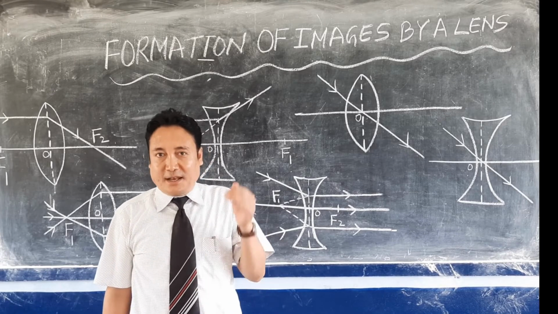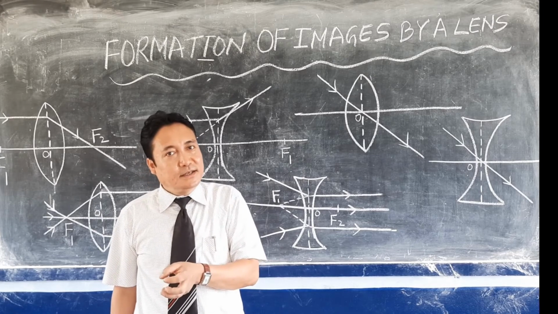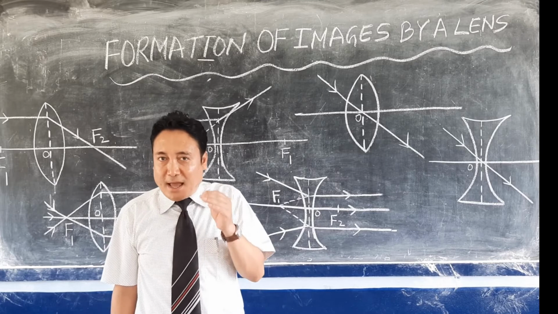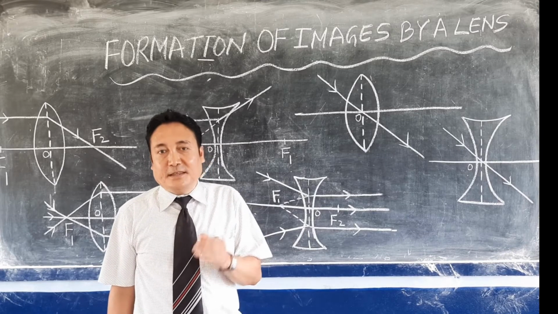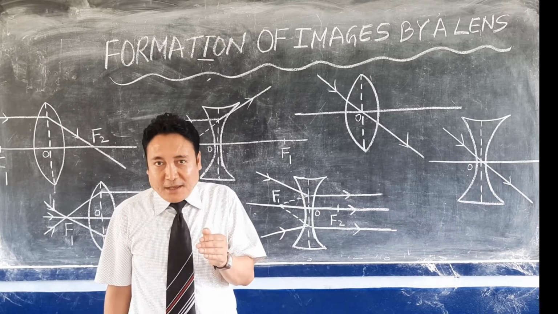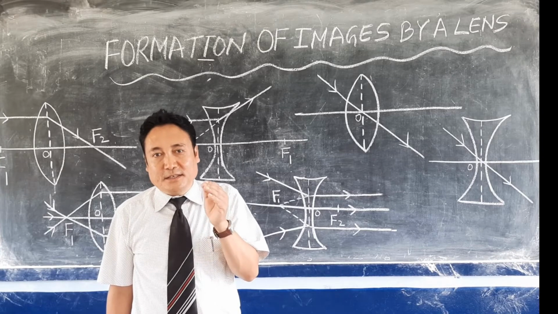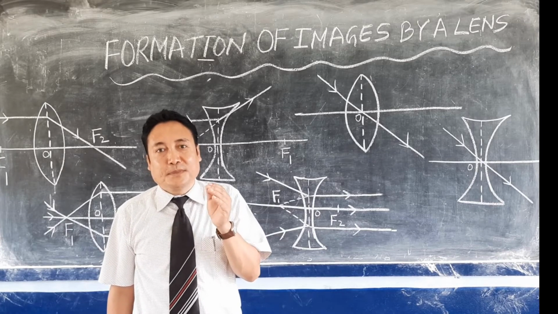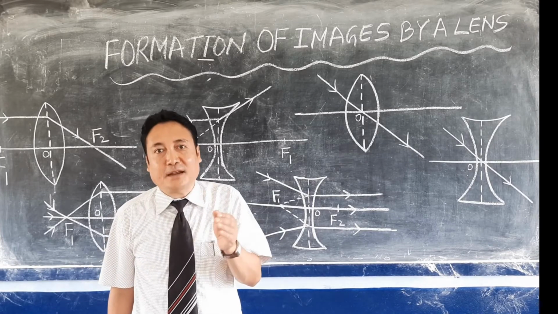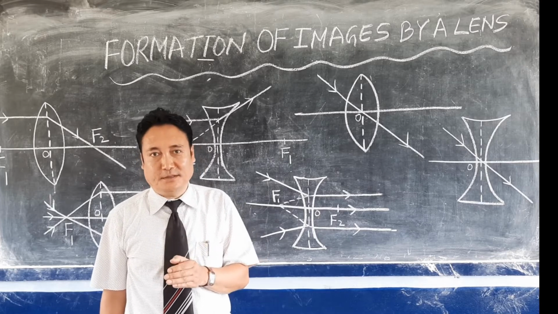When the light rays get refracted, these refracted rays will produce the image wherever they intersect, or they join or meet at a point, or they appear to meet at a point.